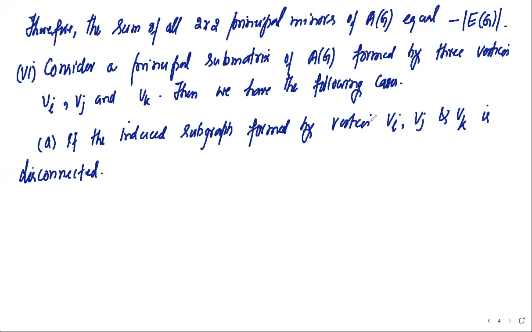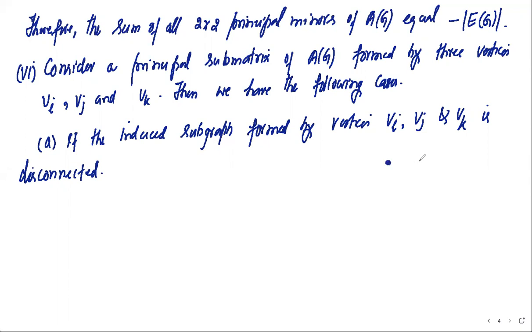Then either the graph induced by these 3 vertices is totally disconnected, that means it contains only the 3 vertices and no edge, or it is a union of K1 and K2. So there are 2 different ways this graph can be disconnected.